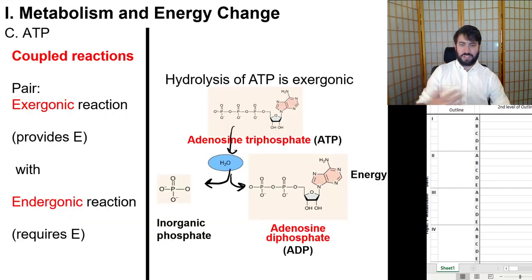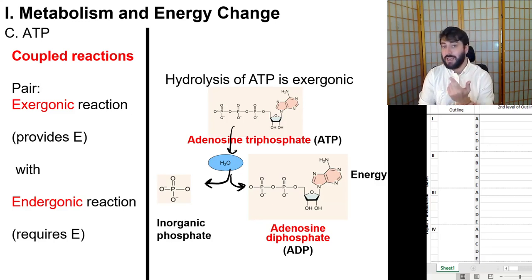So how do we actually carry that energy and deliver it to places then? Well, we use coupled reactions. So you pair an exergonic reaction that is providing the energy and an endergonic reaction that's using the energy. So the hydrolysis of ATP is an exergonic reaction.